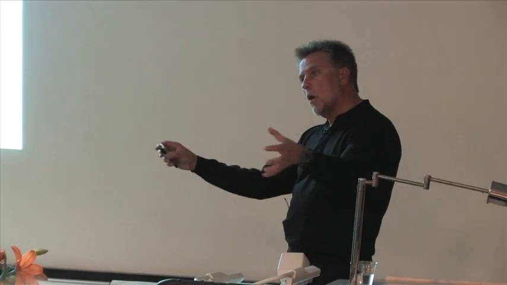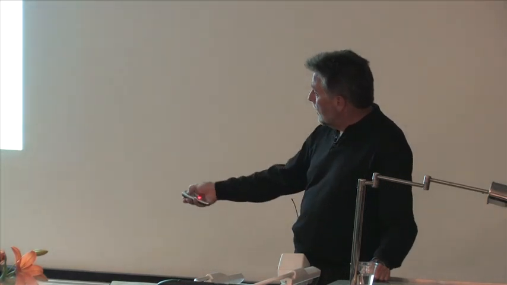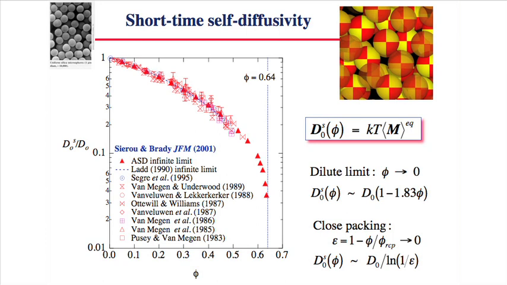If you pack a bunch of particles into suspension, they diffuse more slowly because their neighbors are around them. This shows you a plot of the diffusivity normalized by the dilute value as a function of volume concentration. It goes down, and there's a lot of data here. Open symbols are experiments. The triangles are Stokes dynamics calculations, again, with no adjustable anythings.